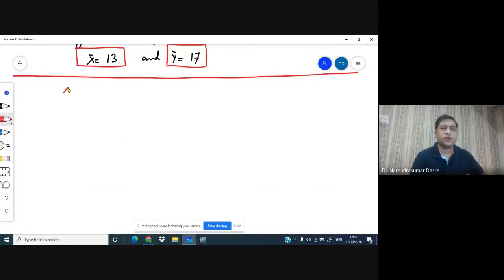So now we have to consider the topic curve fitting. Okay. So here we have to consider the two types of curves. One is linear curve and other is non-linear curve.